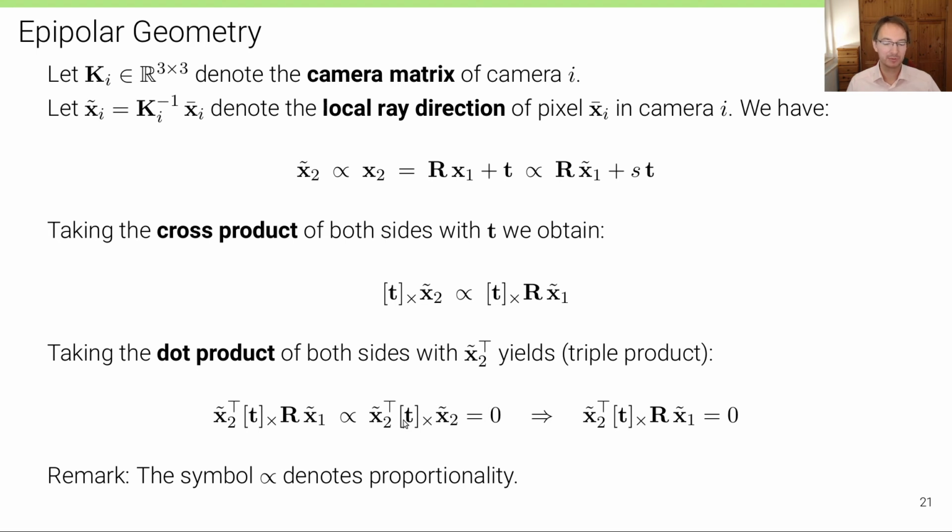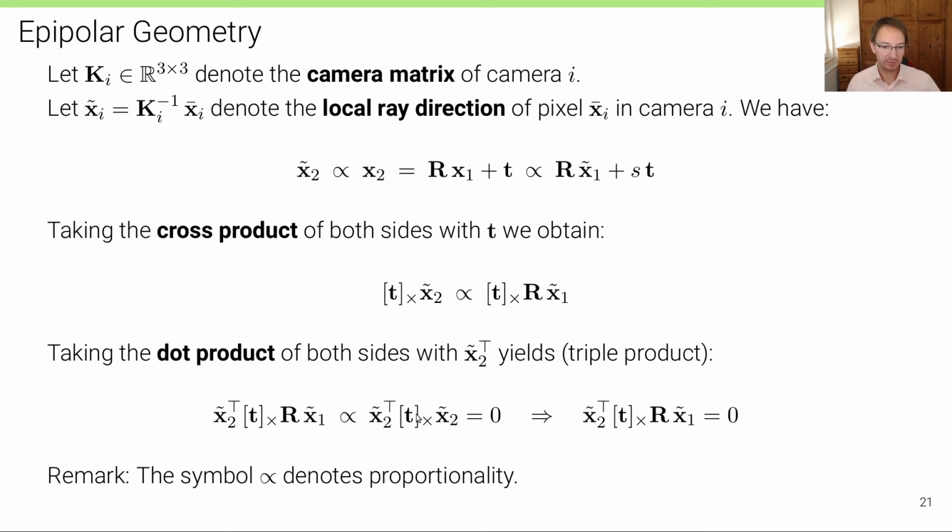It's an inner product and a cross product combined. And what we know from the triple product, because it describes the volume of the trapezoid that's represented by the three vectors, is that this volume is 0 if two of these vectors are the same. This is just a geometric property that you can also look up on Wikipedia.